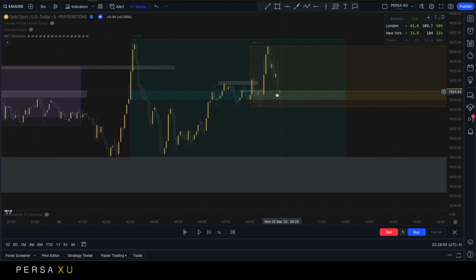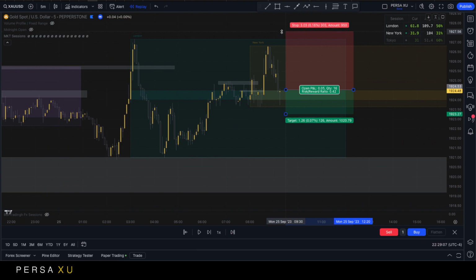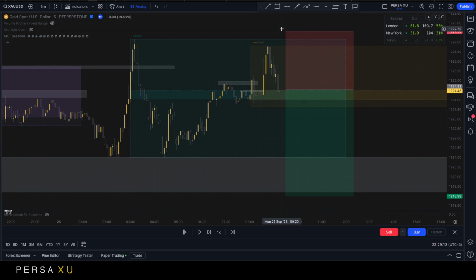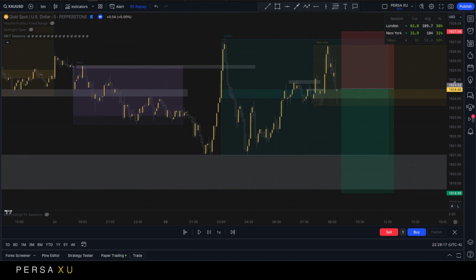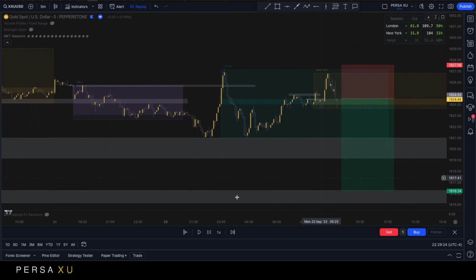So even now here, we could have said, let me go short and not feel worried about the price going back up over here. And I could have placed this take profit down just over that area that we had.